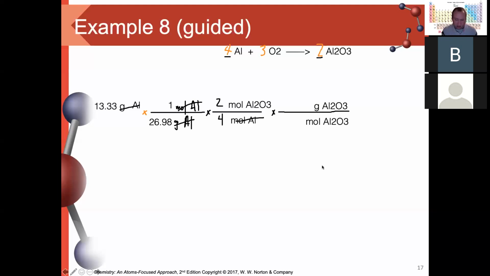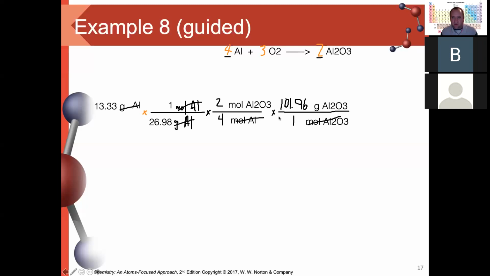And for aluminum, 26.98 times 2 for the 2 aluminums. For oxygen, 16.00 times 3, because there are 3 of those. I get 101.96 grams of aluminum oxide for every mole of aluminum oxide.